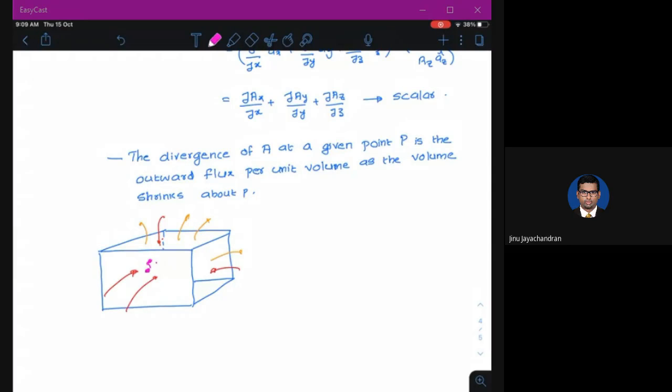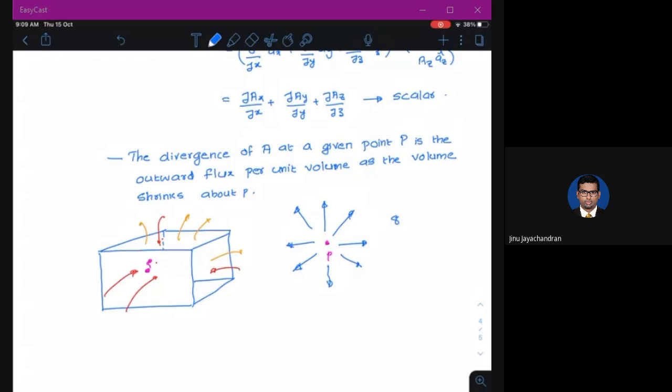And divergence gives you the net outward flux at any point P. For example, let's consider different scenarios. So this is P. Let's say the flux lines are like this. All are going out. So the net outward flux is 1, 2, 3, 4, 5, 6, 7, 8.